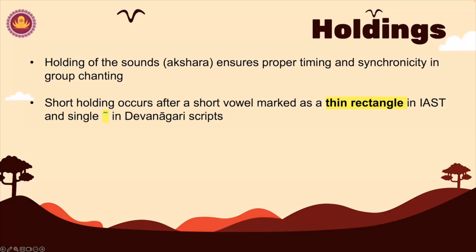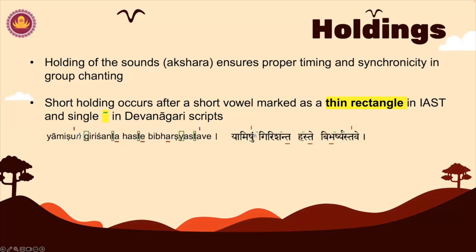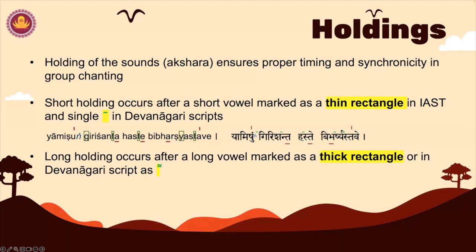A short holding occurs after a short oval marked in the IAST script as a thin rectangle, and in Devanagari and Telugu scripts it is indicated by a single squiggle. Yamishung girishanta haste bibharishyastave. A long holding is marked as a thick rectangle, or in the Devanagari script as a double squiggle.